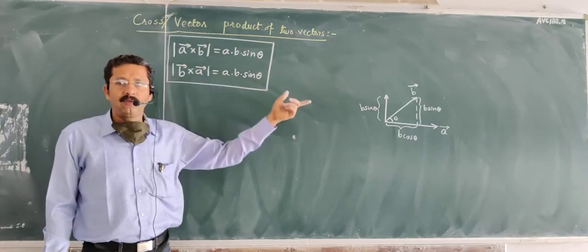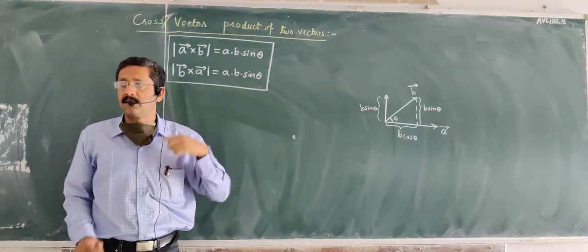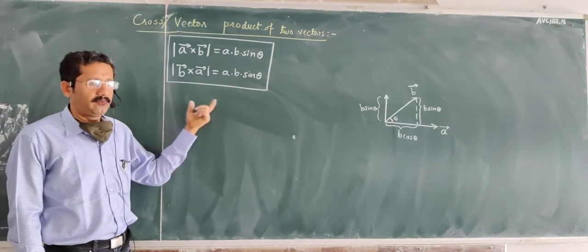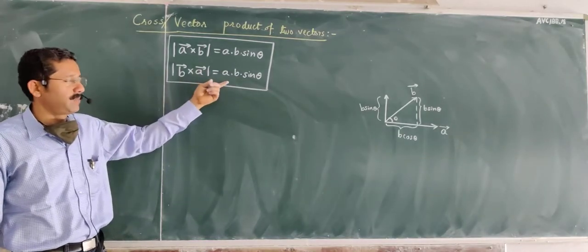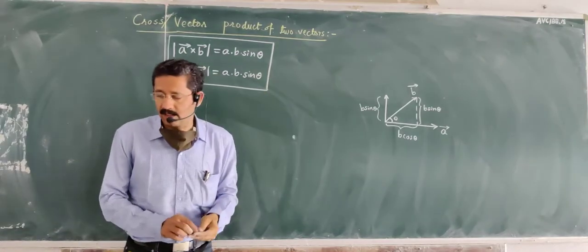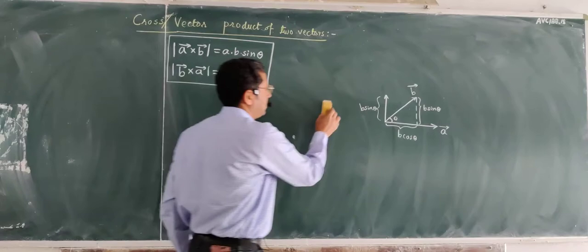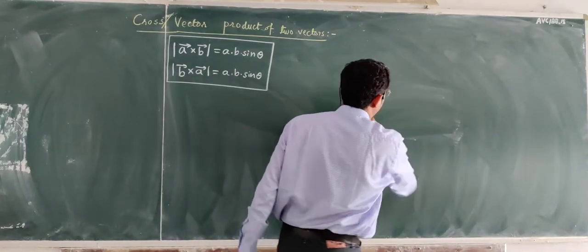In the dot product we used to call it scalar product because the answer was not going to have any direction. Here the product of two vectors taken in such a particular way has some direction, and that is the reason I have to consider this product to be in vector format.